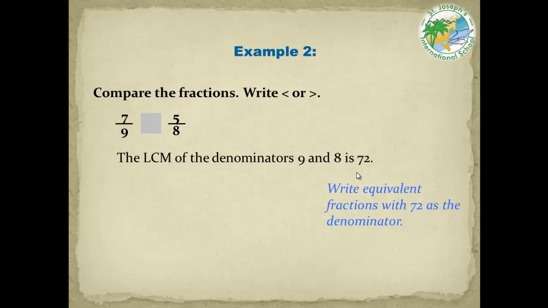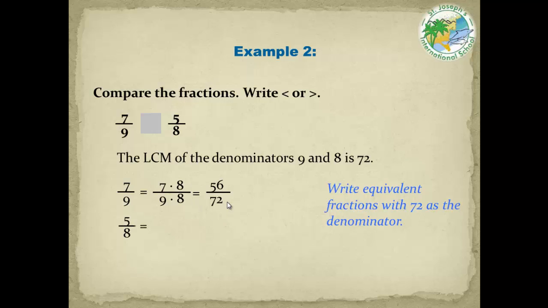Then write equivalent fractions with 72 as the denominator. 7 over 9 equals, we want the equivalent denominator. The LCM: 9 times 8 equals 72. Then 7 times 8 over 9 times 8. 7 times 8 equals 56 over 72.